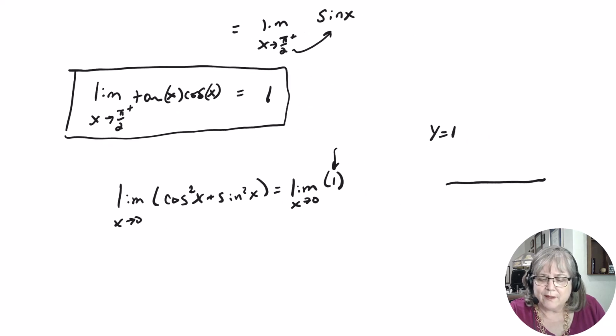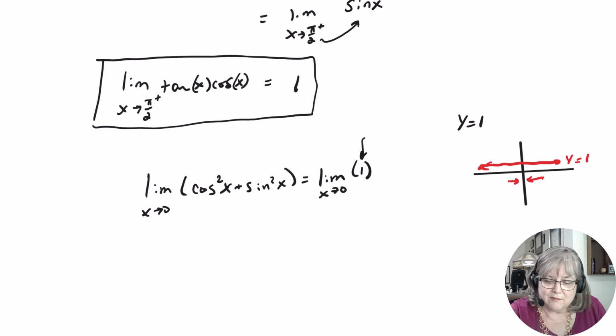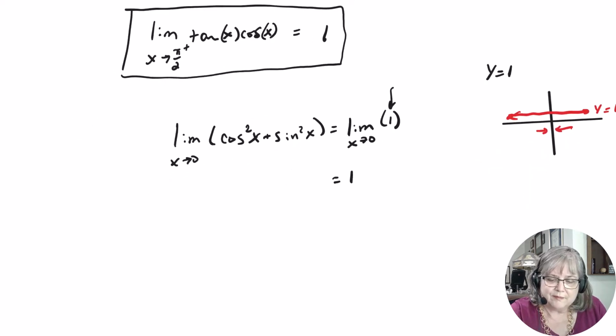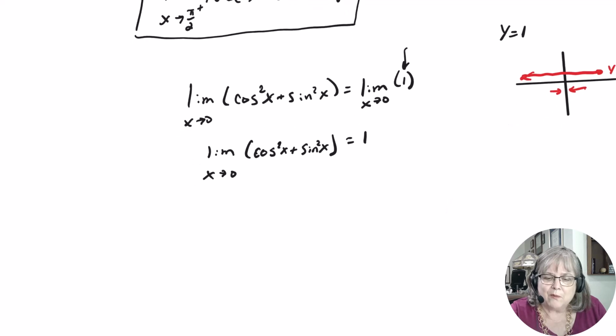And if you graph it, this is y is equal to 1. So what is y doing as you get closer and closer to 0? Y is just 1. That's all it ever does. So this is 1. So if you just have one trig function, you're probably okay with just getting started and looking to see if it's in the domain. But if you have more than one trig function, you might want to see if it cleans up.